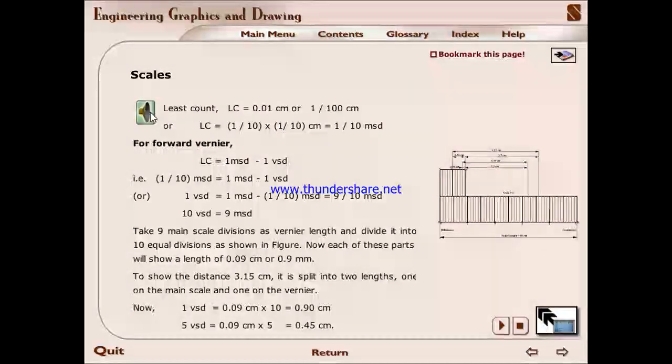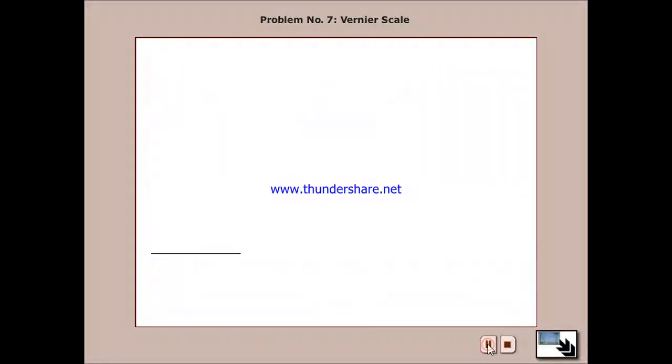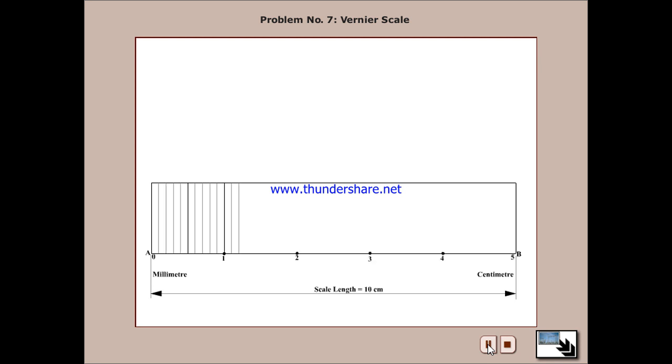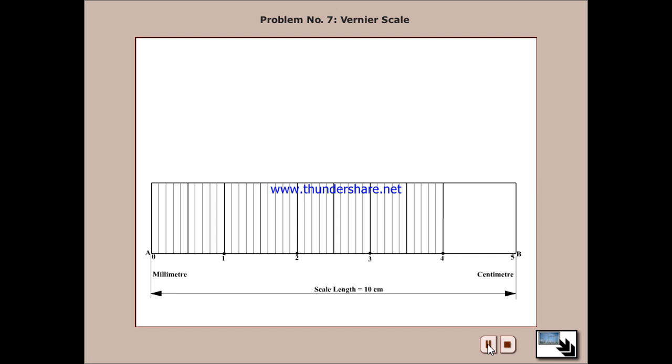Now, each of these parts will show a length of 0.09 centimeters or 0.9 millimeters. To show the distance 3.15 centimeters, it is split into two lengths, one on the main scale and one on the vernier. 5 vernier scale divisions is equal to 0.09 centimeters into 5, that is equal to 0.45 centimeters.